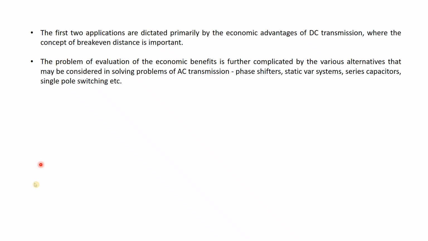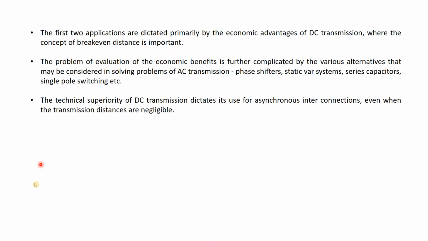That is why HVDC is becoming more economical for very long distance transmission, because phase shifters, reactive power compensators, series capacitors, and pole switching techniques become very expensive for AC for bulk power transmission and for long distances.